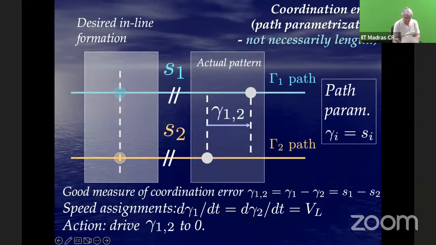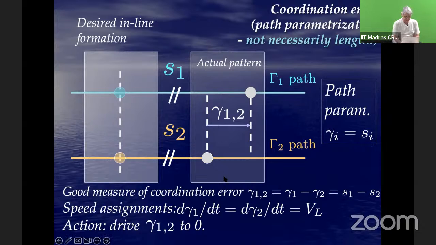My computer is not allowing me to see all of it. You can see that. Now, pay attention. When you tell these vehicles to go at a common speed, what essentially you are saying is make d gamma 1 dt, which happens to be dS1 dt, equal to the speed of the other one, dS2 dt.